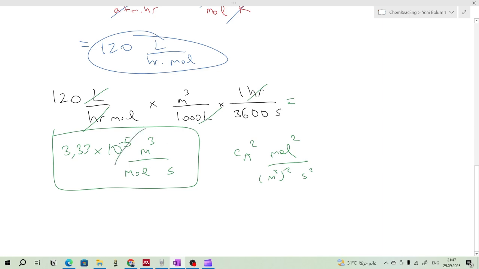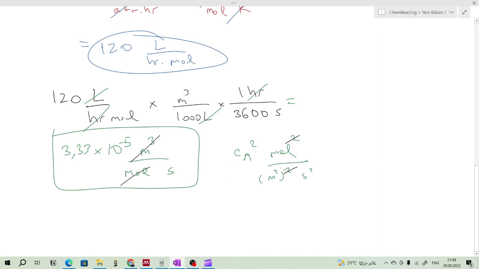If we multiply this by this, do we get the unit above or not? Let's see. Meter cube will cancel, mole will cancel, and second will cancel. Let's see why this second is here.